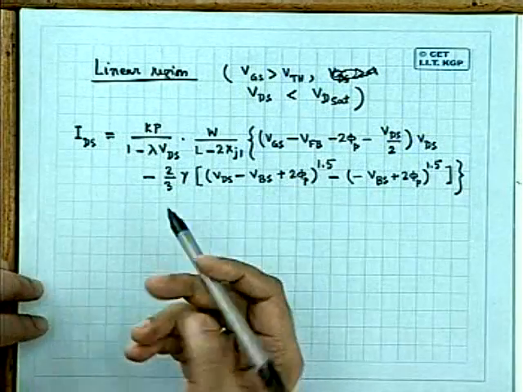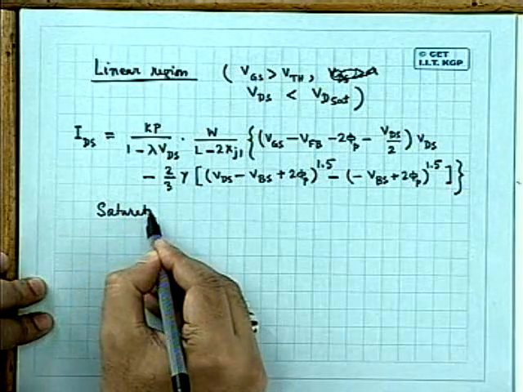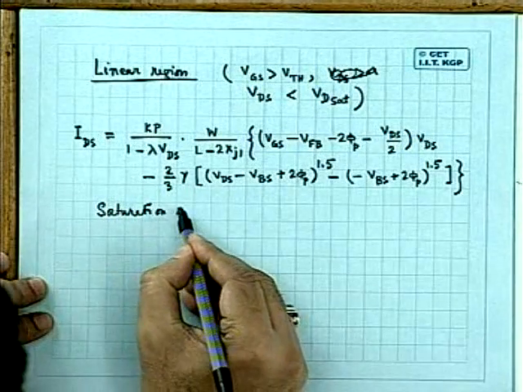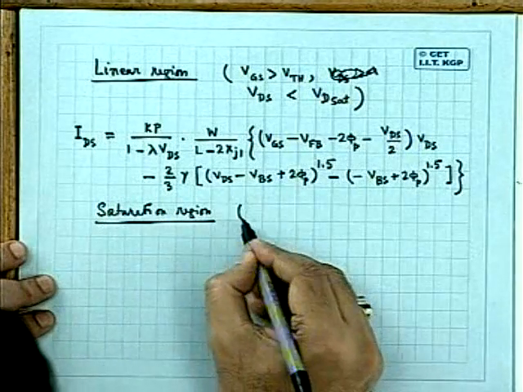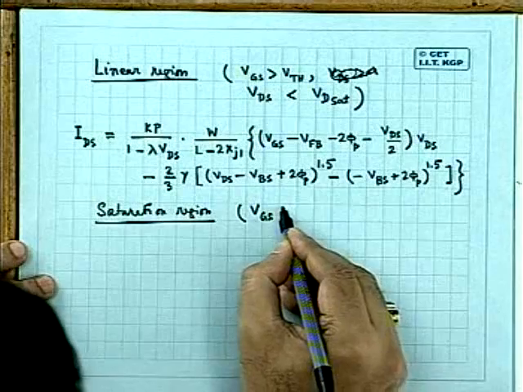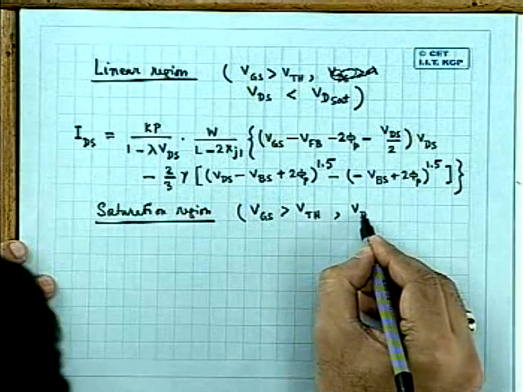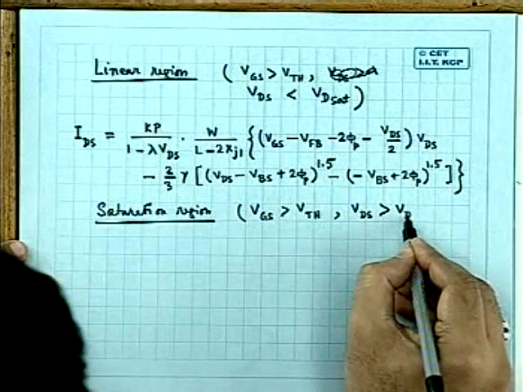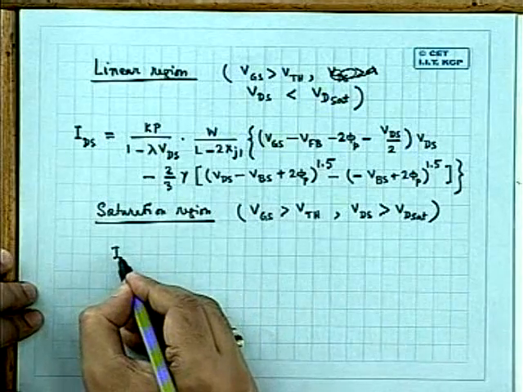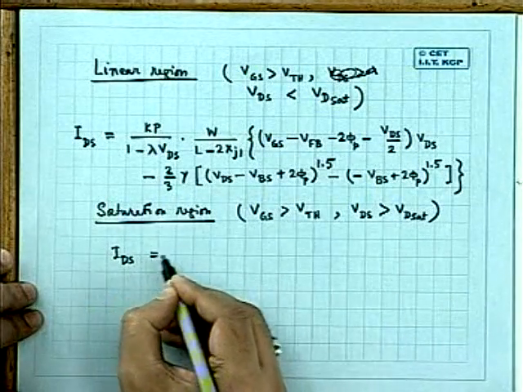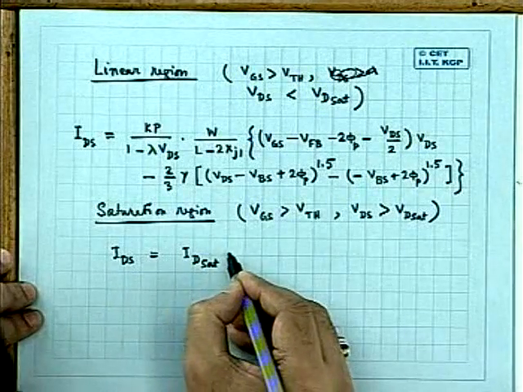And in saturation region, where VGS is definitely more than VTH and VDS is more than VDSAT, they model IDS as IDSAT into another thing.